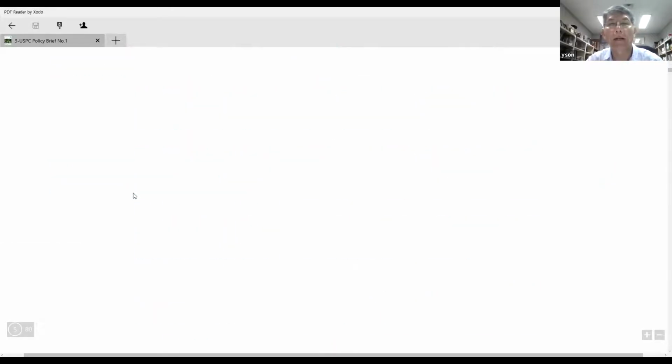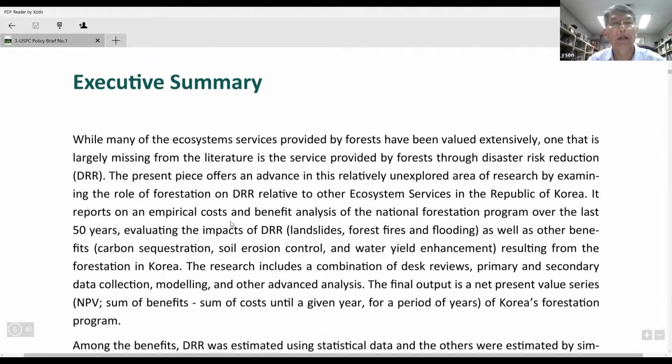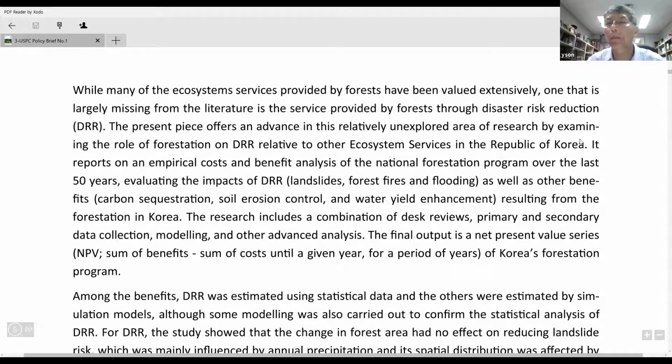Okay, and I would like to emphasize a few sentences in the summary. Here, as you see, we report empirical cost and benefits of the National Reforestation Program over the last 50 years.